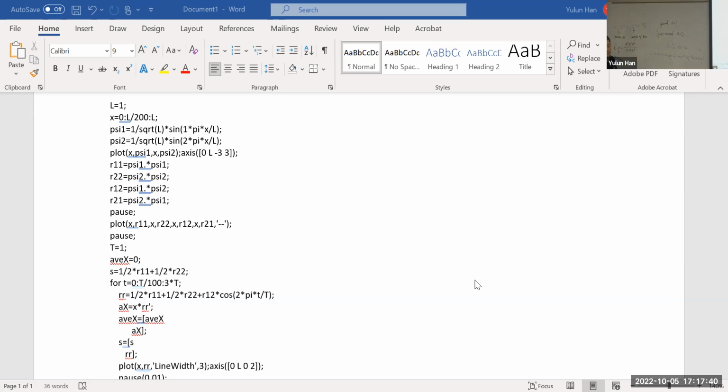Would it represent the probability density as it is transitioning into a different state? Close, yeah. Okay. Yeah, it is.